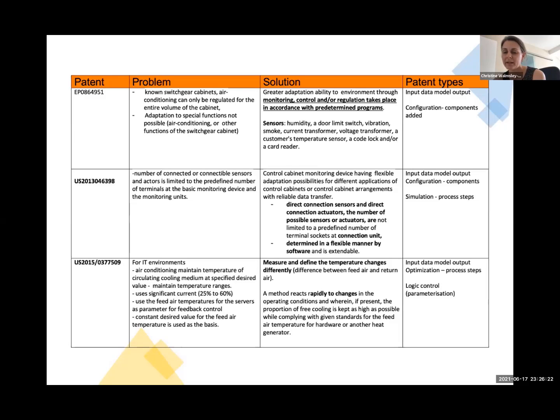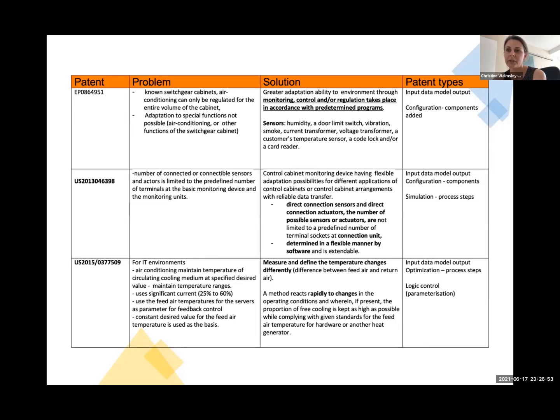Then in Erica's patent, looking at IT environments in general, so the operation of the control cabinets really at the customer side, you're saying, well, air conditioning is probably the biggest user of current, and it accounts for 25% to 60% of the usage, and that translates into a huge energy bill for a customer.